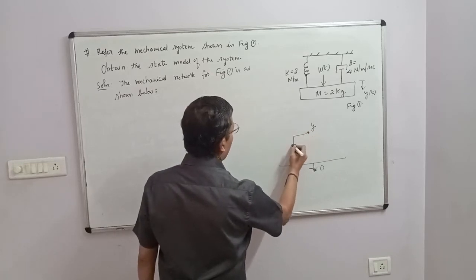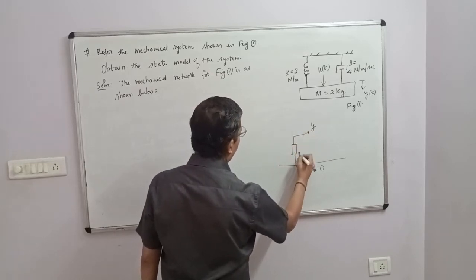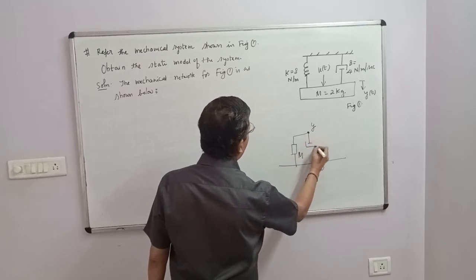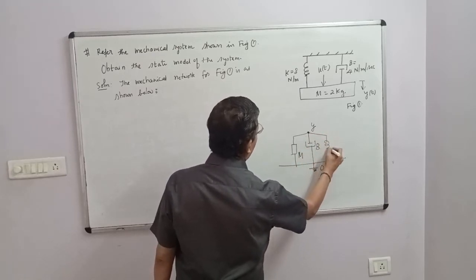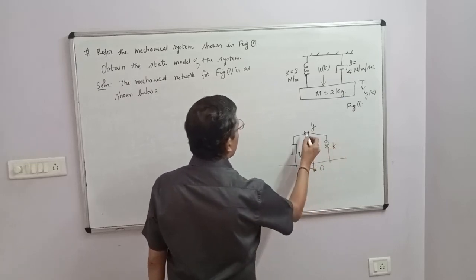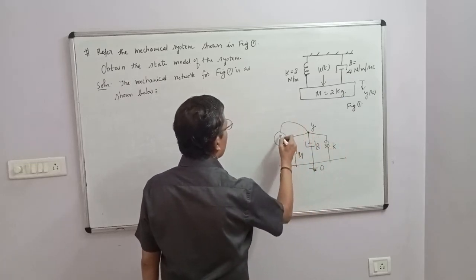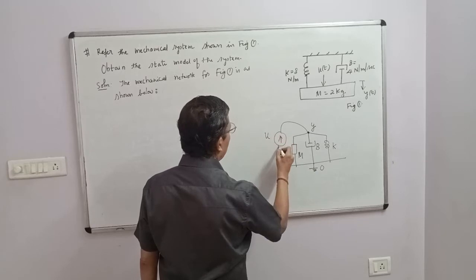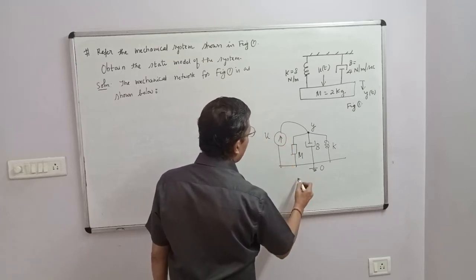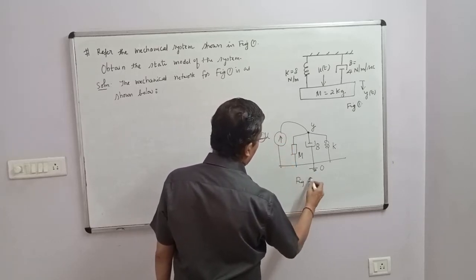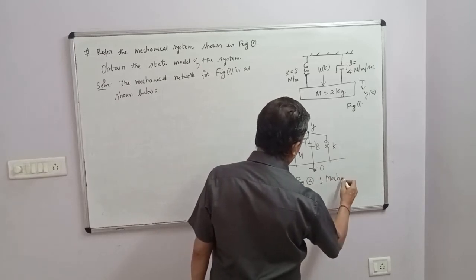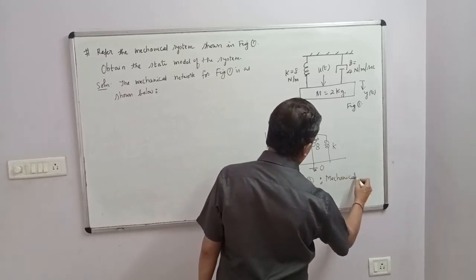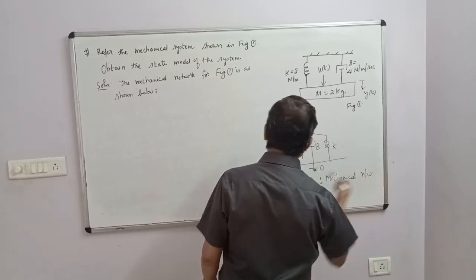M comes between Y and ground. B comes between Y and ground. K comes between Y and ground. To this node, the input U is given. U means U of t. This is figure number 2. This represents the mechanical network.